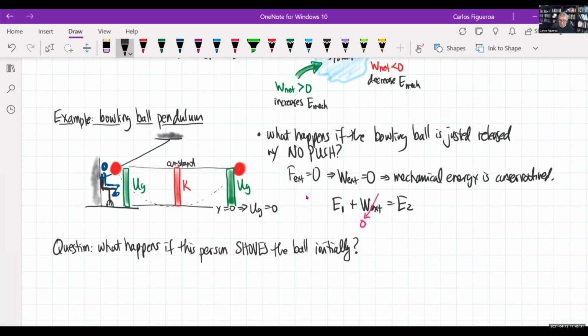What I really mean by this is, in other words, that the external work here is not 0.